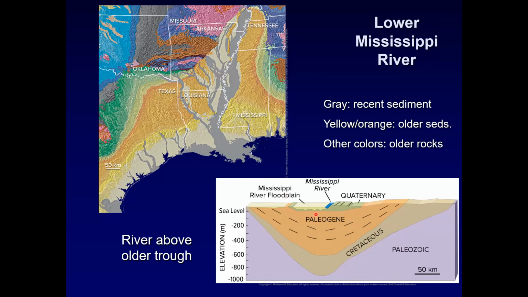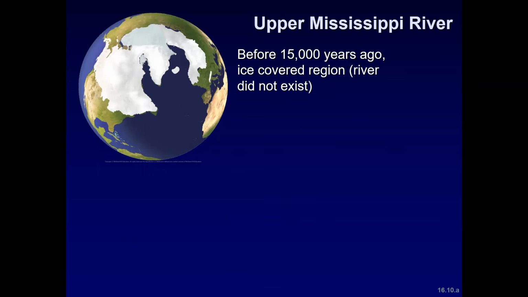It shows that this river that we have now is above an older structural trough, like a low point. So flow was preferential through that area due to the existing structure that we have from the Paleogene and Cretaceous on top of the Paleozoic materials. And that became this huge drainage area.